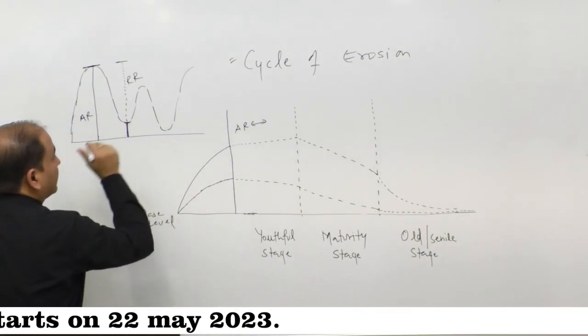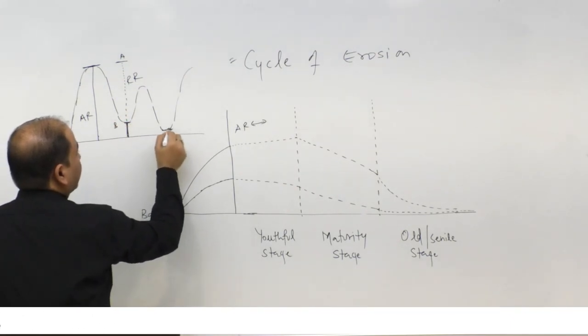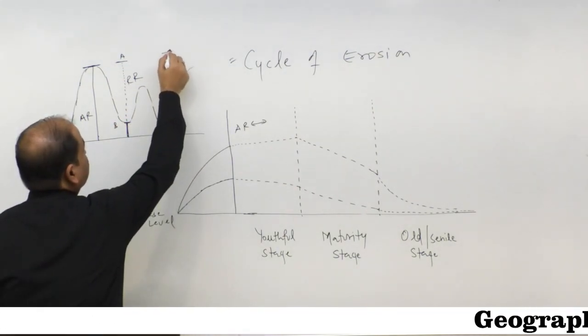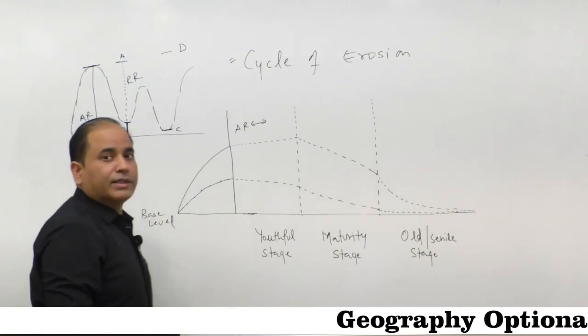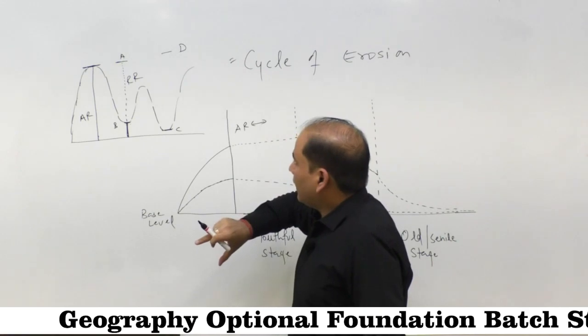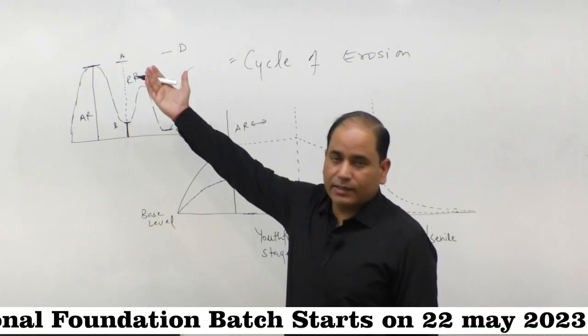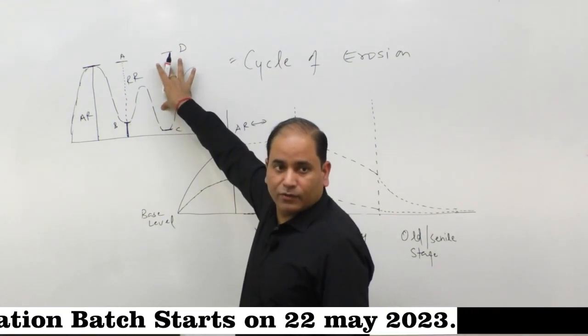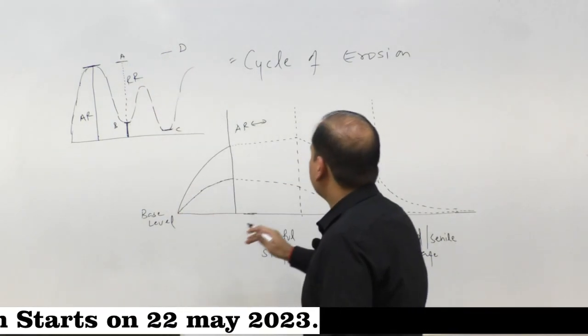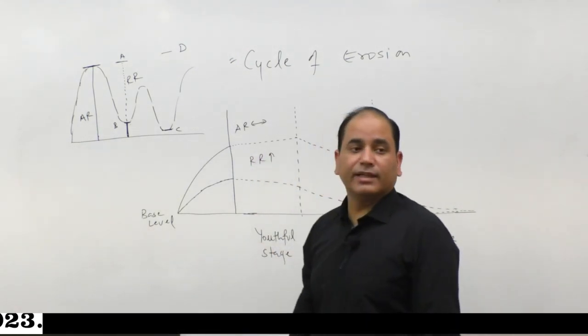So if you look, let's say in this diagram, this is A, B, and let's say it is C and D. Now tell me whether A, B has more height or CD has more height. So it is very clear that CD has more height. So if CD has more height, it means relative relief is actually increasing.